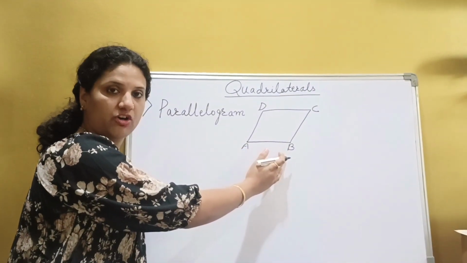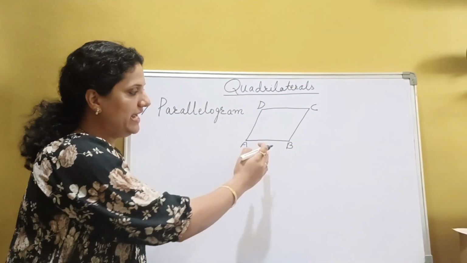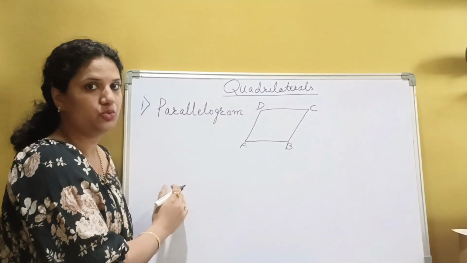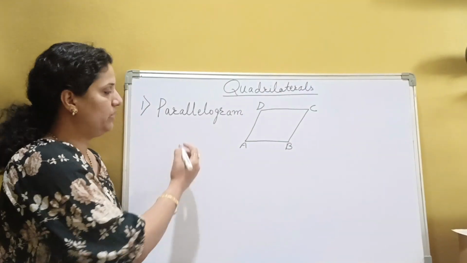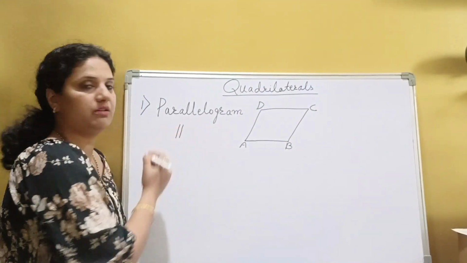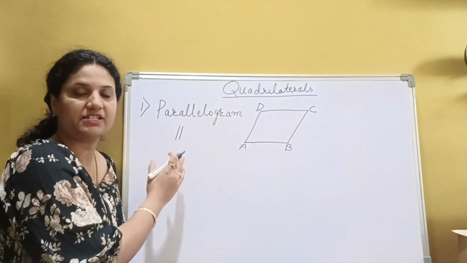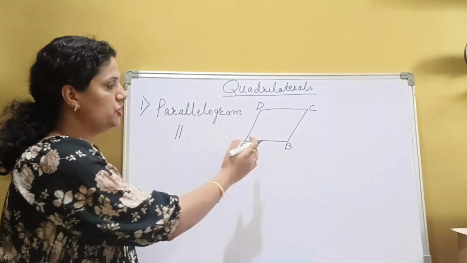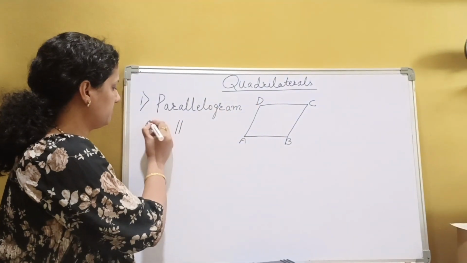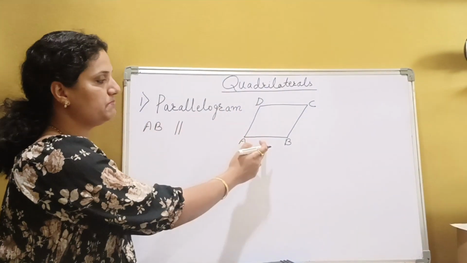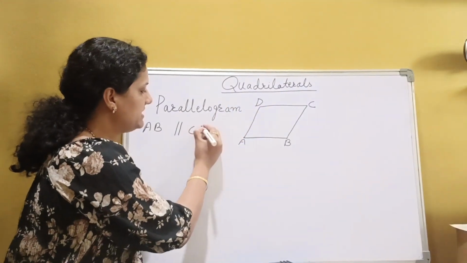What is the opposite side of AB? CD. So AB and CD are parallel to each other, and we will denote it with this sign. This sign indicates that these are parallel. So AB must be parallel to CD.